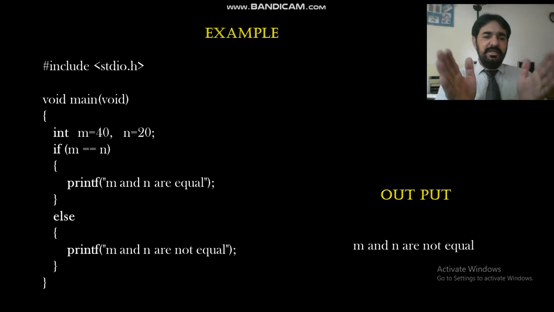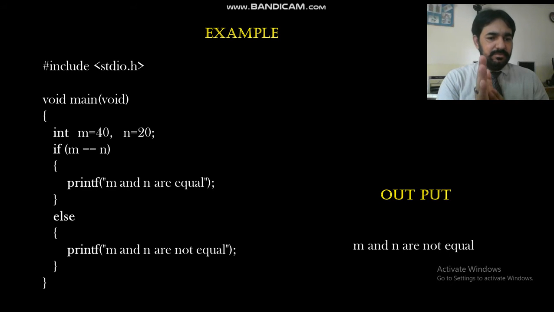Now we are adding a condition through which we will compare these values. If m equals to n, then print m and n are equal. Else, if they are not equal, then definitely we need an alternate solution. If they are not equal, then what to do? Then we use the printf statement: m and n are not equal.